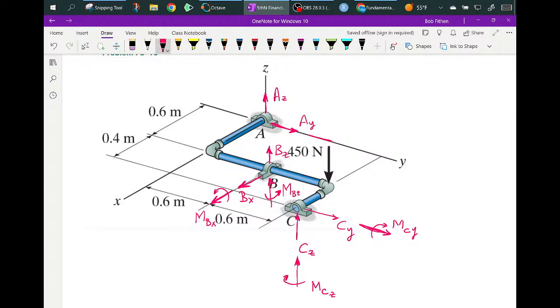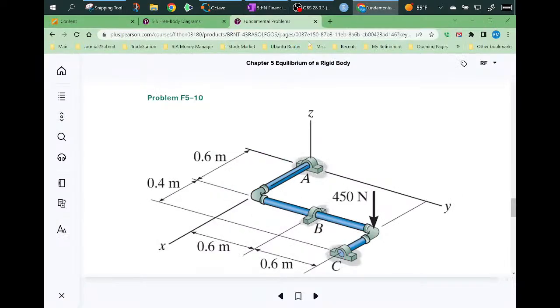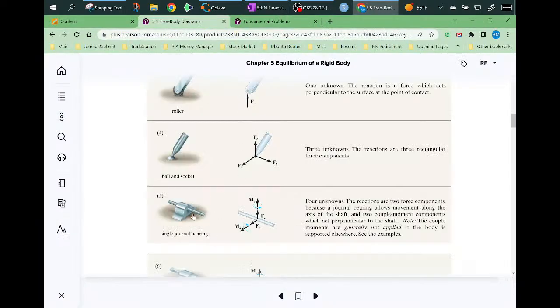Can I take a twisting moment here, meaning that I would twist it that way? In other words, if I sliced everything off, put a load out here, would this bearing hold it? The way it's designed, the way these things are talked about, back right here, the answer to that question is yes.